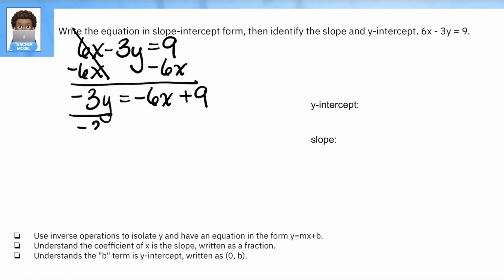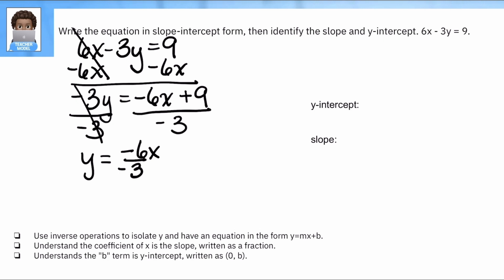And now I'm going to divide by our coefficient, -3, and I'm going to divide this part by -3. This leaves me with y is equal to -6 divided by -3x plus 9 divided by -3.